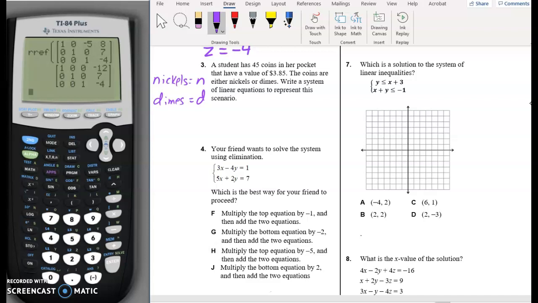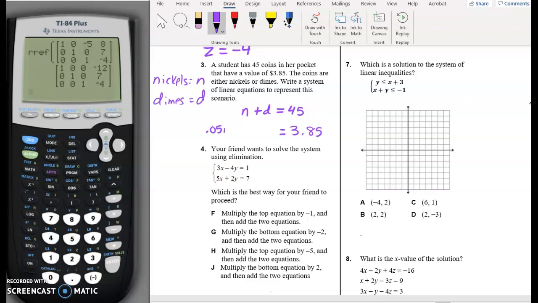So I know that I have a total of 45 coins, so if I were to take my nickels and my dimes and add them together, I would have a total of 45 nickels and dimes, okay? And then it says those coins have a value of $3.85. So I know that I have a total of $3.85. Now a nickel is worth 5 cents, so to write that in terms of a decimal, that would be 0.05 because it is 0.05 of a dollar.